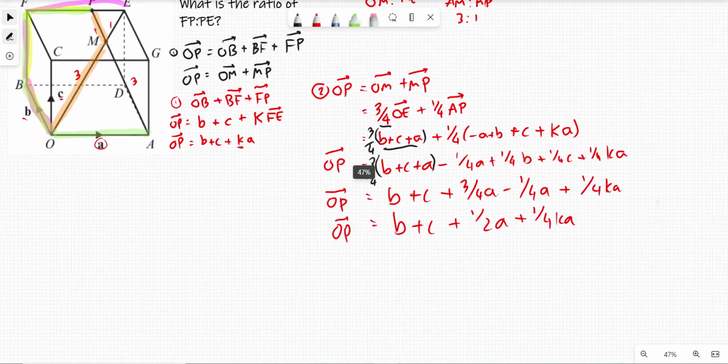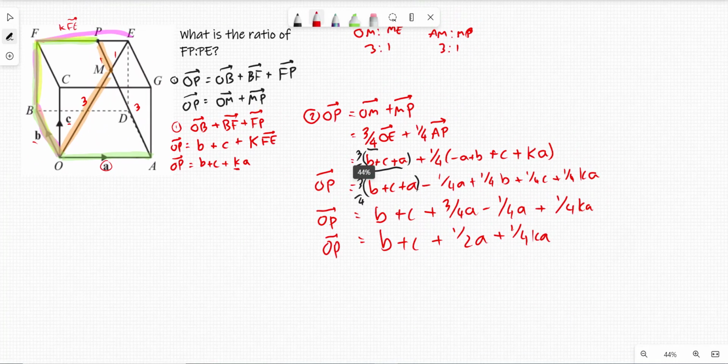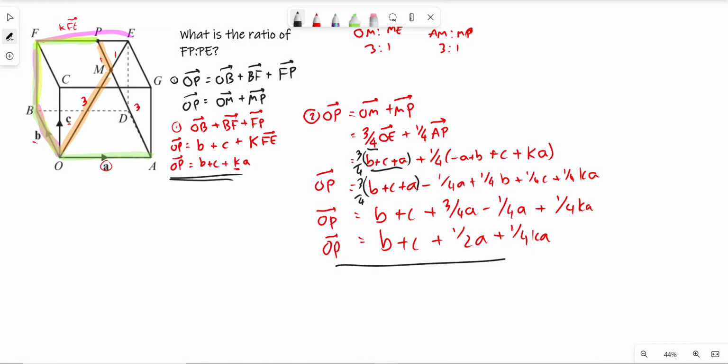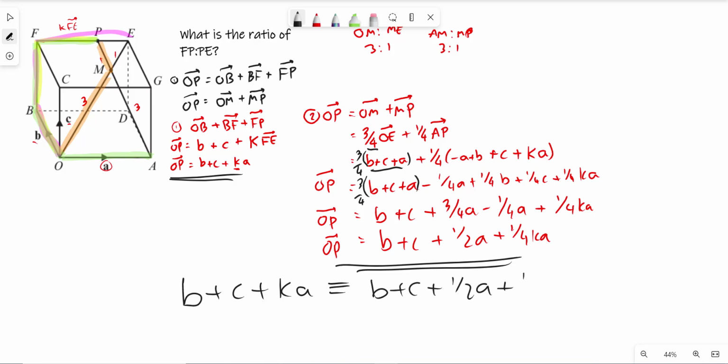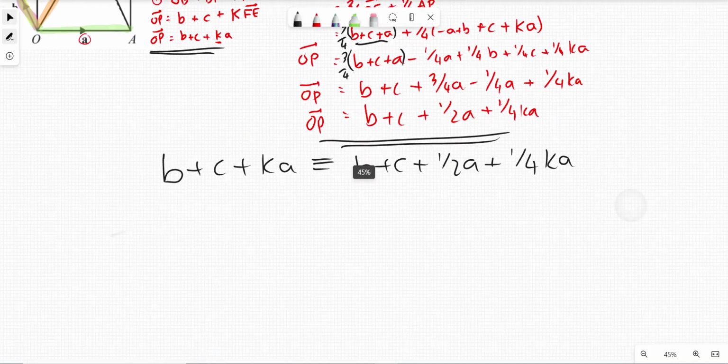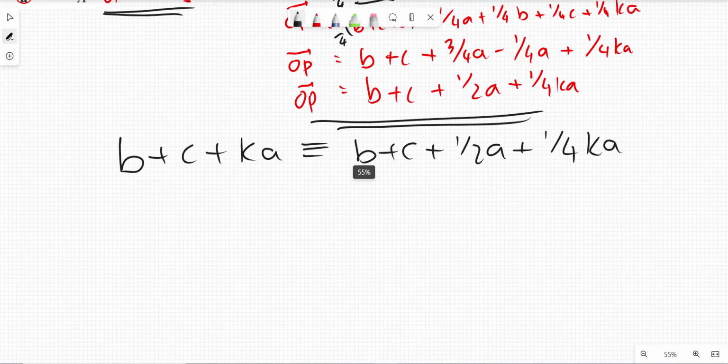And now comes the classic 3D vectors trick. I have defined OP in 2 ways. So now what I'm going to do is equate them to each other. I've got that B plus C plus KA has to be equivalent to B plus C plus 1/2 A plus 1/4 KA. They define the same journey. They have to be the same. So now I can just equate coefficients.